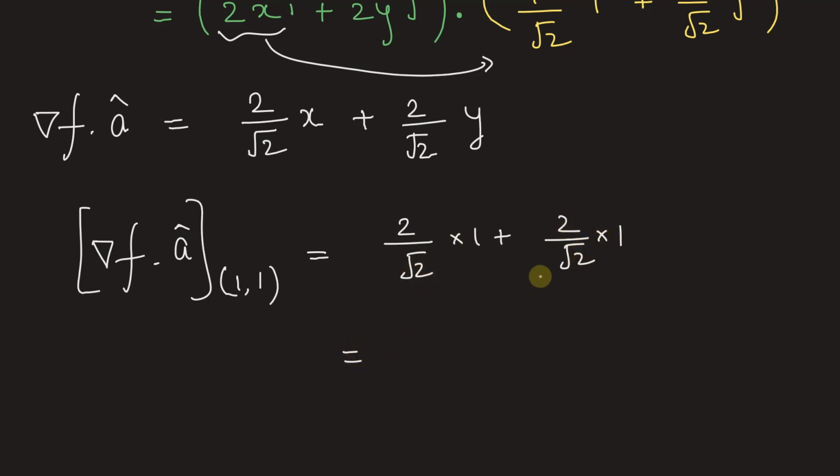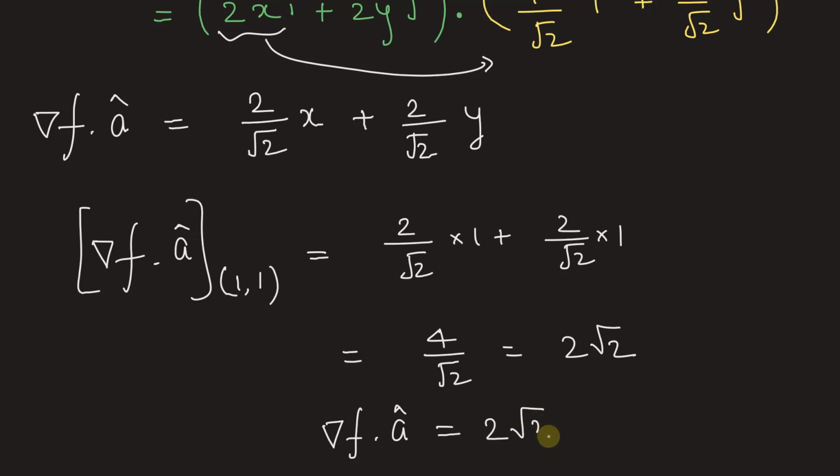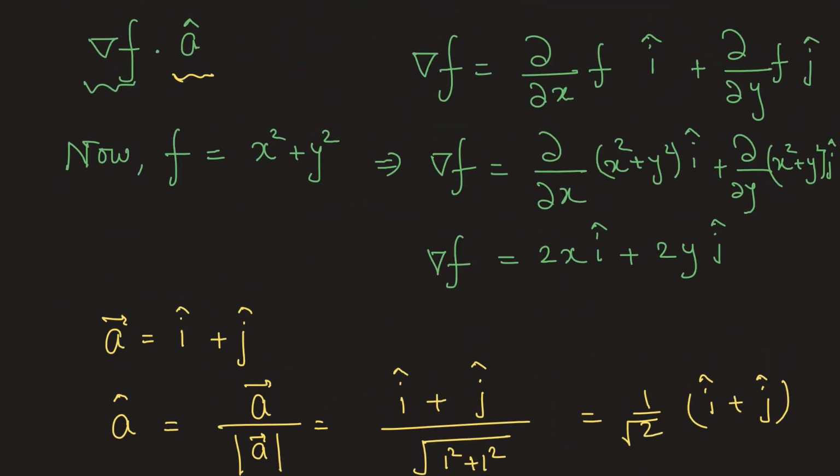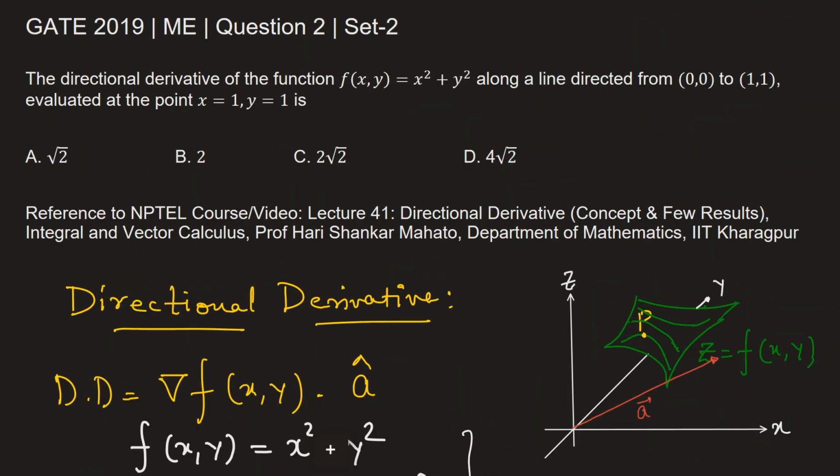So this will become 4 by root 2, or 2 root 2. So the directional derivative grad f dot a cap is equal to 2 root 2. And this is our final answer. Now let's match this answer with the given options. So we can see here that option C, 2 root 2, is the correct choice.